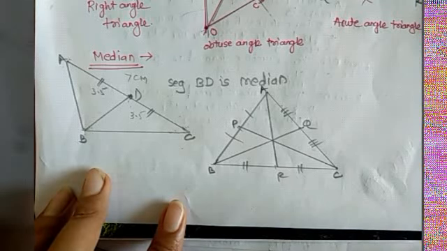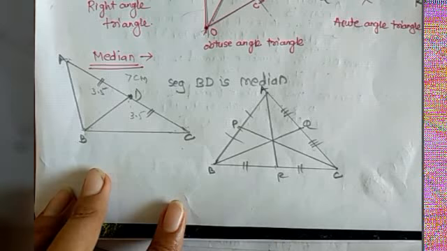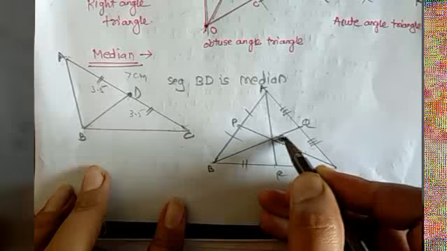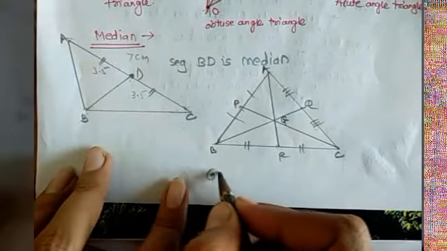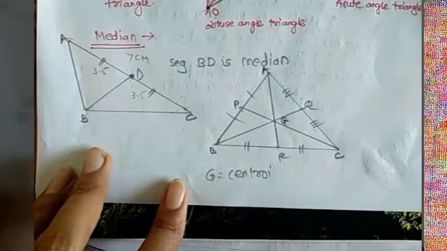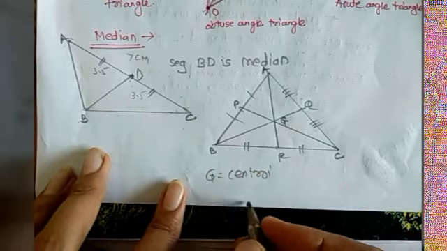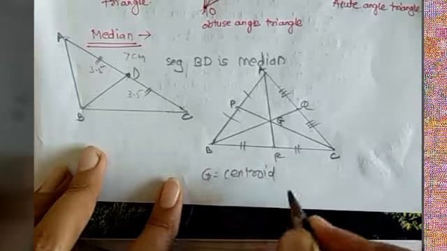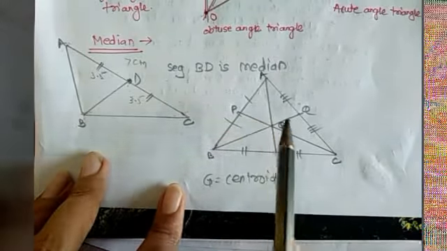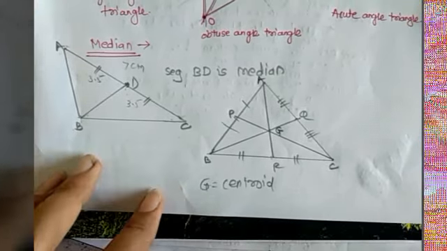The medians are concurrent. Their point of concurrence is called the centroid and it is denoted by G.